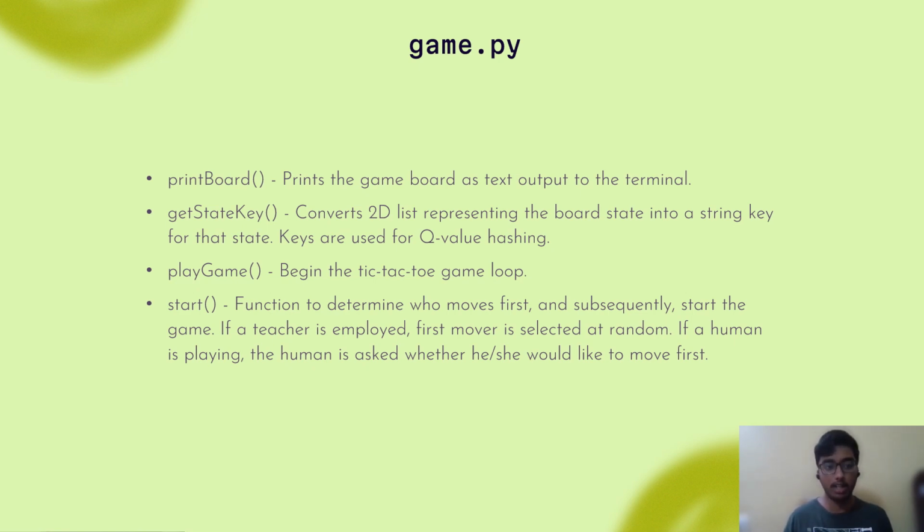If it is, then the player makes the move, and after that we get the state of the board, that is we call the get state key, and we give the state to the agent, and with that we get the action of the agent. Then after this the loop begins. That is we make the agent do its move, then we check if the game has ended.